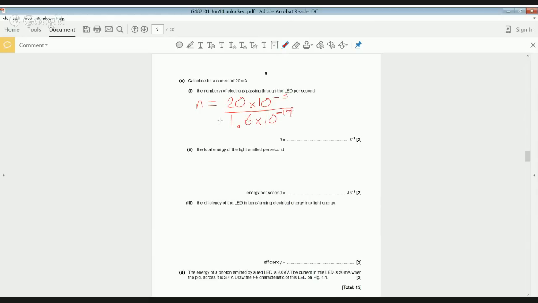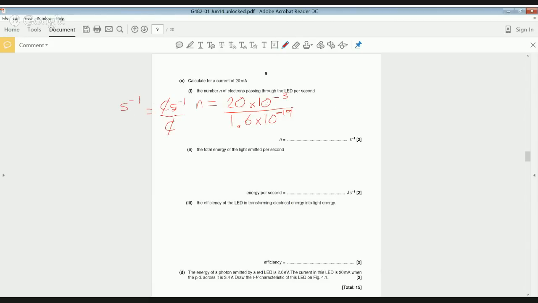Another way of approaching this, by the way, is to think about the units. So we are looking for something in the units of per second, aren't we? Because we're interested in the number of electrons flowing per second. So that should be equal to, in this case, 20 times 10 to the minus 3 coulombs per second, divided by 1.6 times 10 to the minus 19 coulombs, and you can see those would cancel, and that would give us our seconds to the minus 1 on both sides.